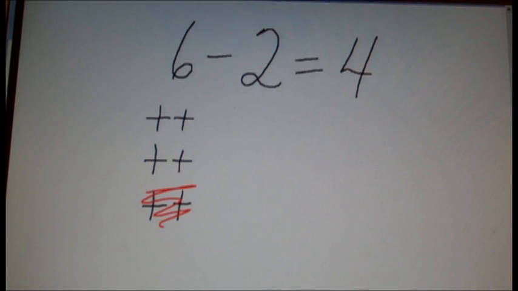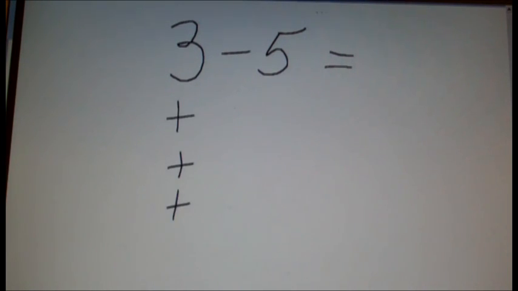But how do we subtract integers when the second number is larger than the first? If our problem is 3 take away 5, what do we do? As before, we're going to start with 3 positive signs. But we don't have enough positive signs to take away like we did in the first example.